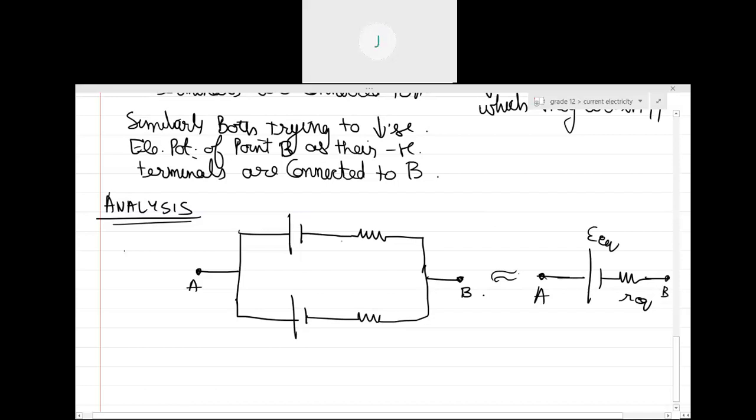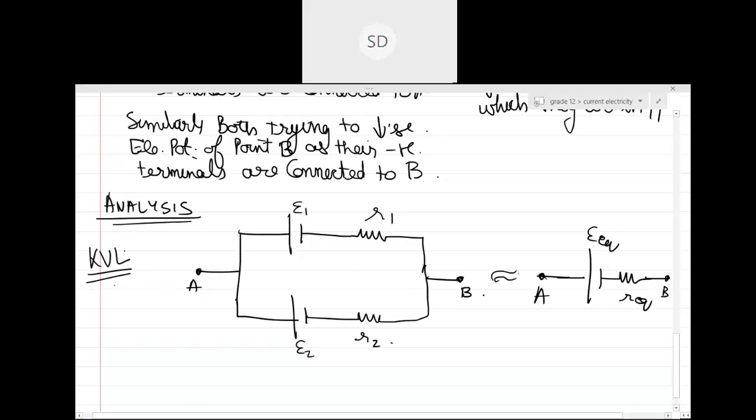If I have this as a circuit, E1 comma R1, E2 comma R2, I can do it using KVL. I can do it using node analysis. Which do you want me to do? KVL. Let's start with KVL.